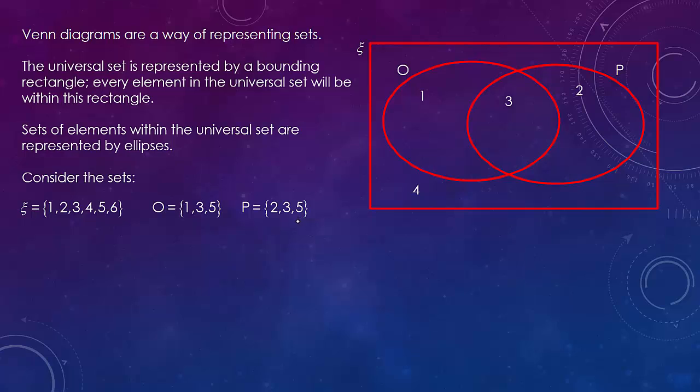If we now consider 5, 5 is both odd and prime, so must occur in this region, which is in both of the ellipses. 6 is in neither of these, so like 4, will appear outside.